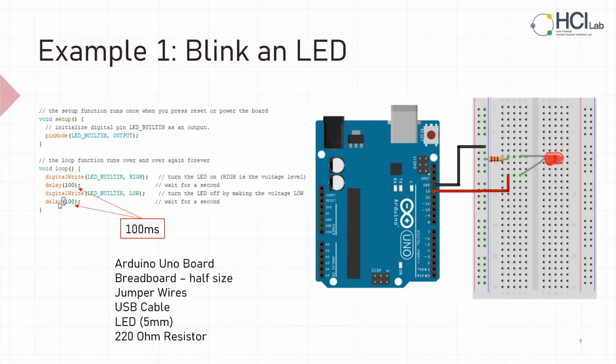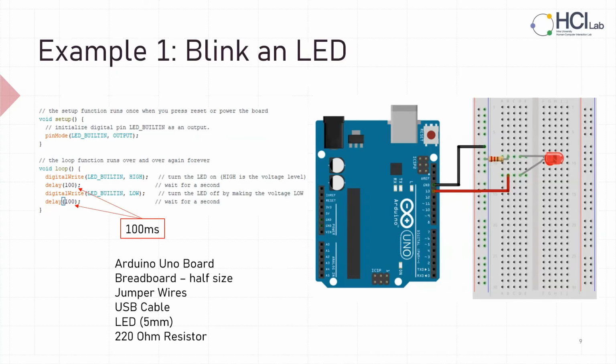And next step, after 100 milliseconds, we use the digitalWrite function to turn off our LED by making the voltage low, with a delay of 100 milliseconds. So let's see how it works.